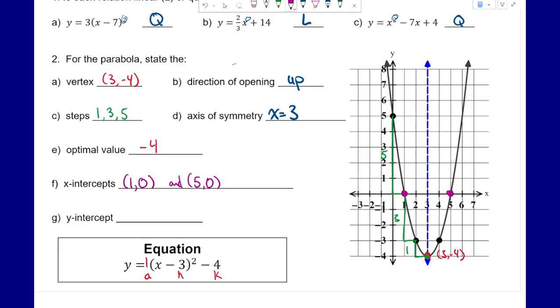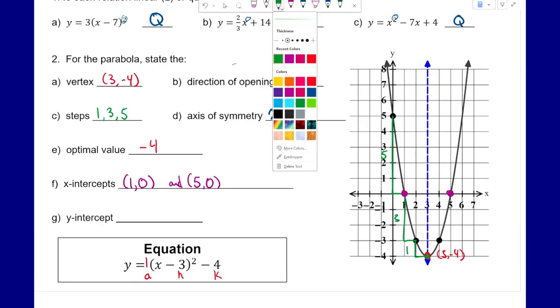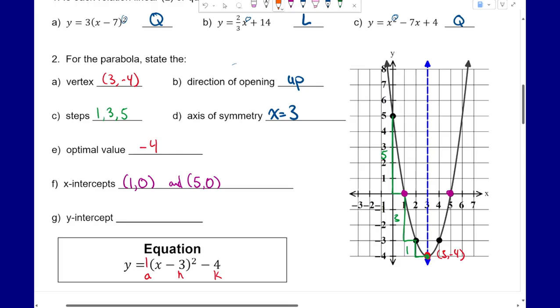So those are the two x-intercepts. For our y-intercept, use a different color for that. Our y-intercept, where does it cross the y-axis? Where does it cross this vertical axis? It crosses it right there. So that coordinate would be 0, 5.